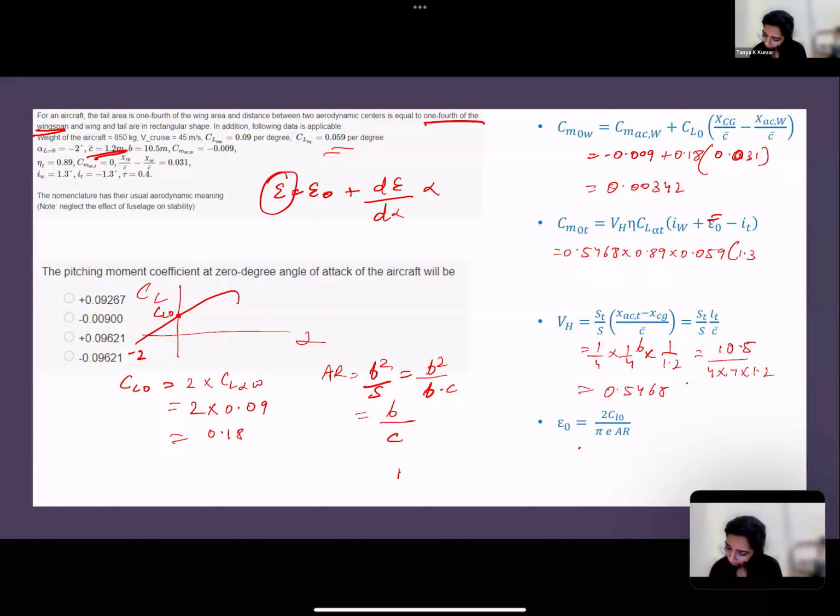It's just going to 0.18 by pi E AR. AR is B by C. B is 10.5 and C is 1.2. How much is this?